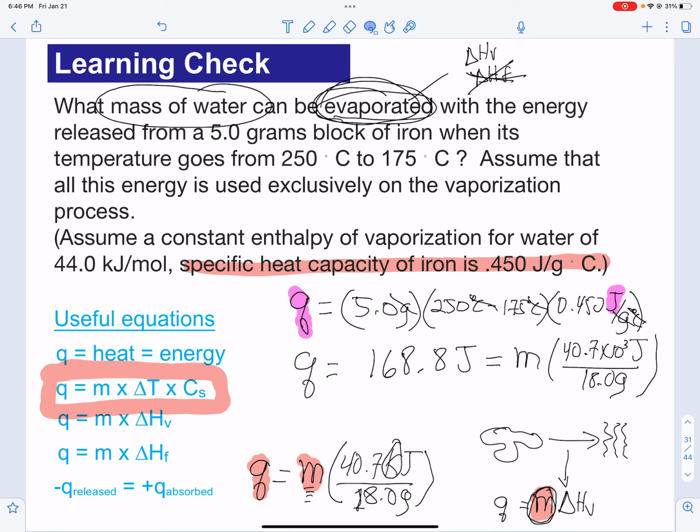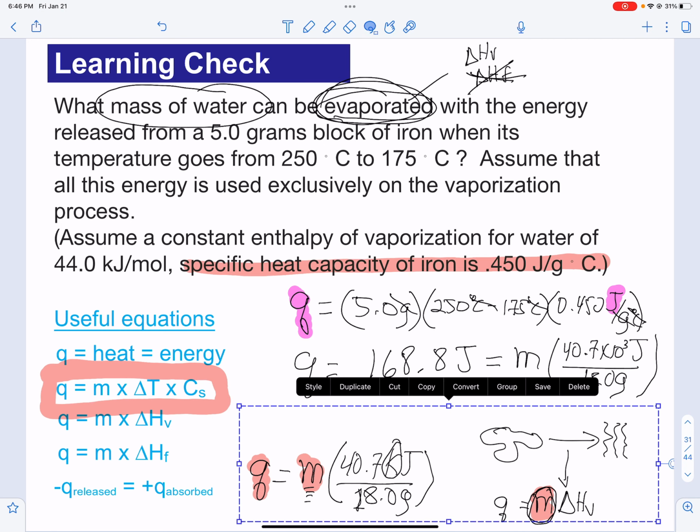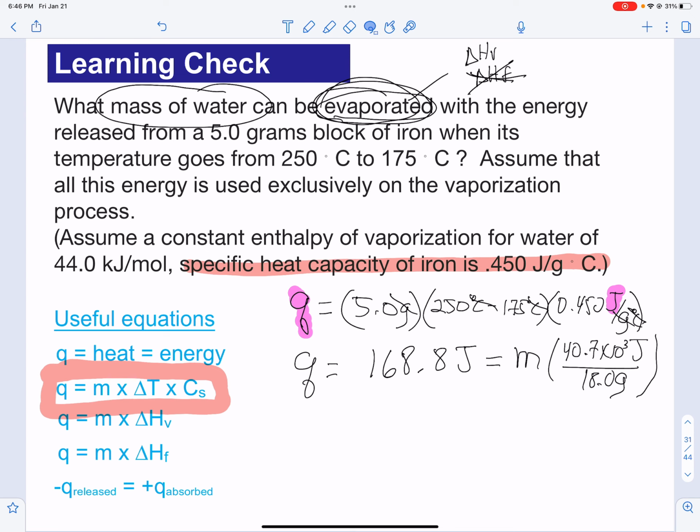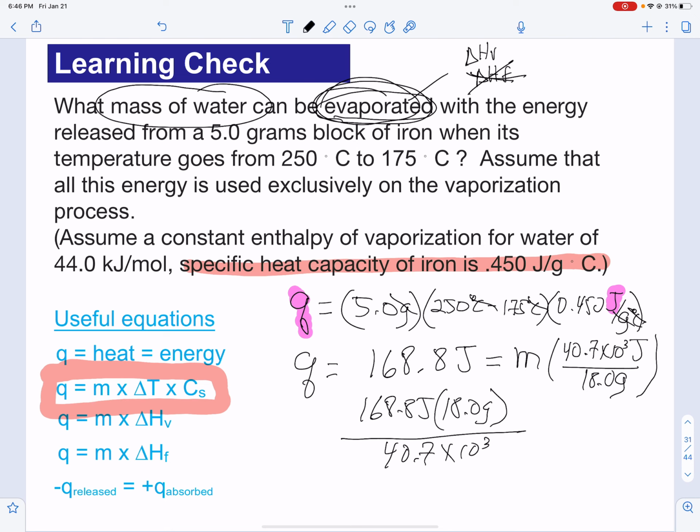So at this point, all I have to do is solve for M. So 168.8 joules multiplied by 18.0 grams divided by 40.7 times 10 to the third joules, or 40.7 kilojoules, 10 to the third means kilo, equals mass.